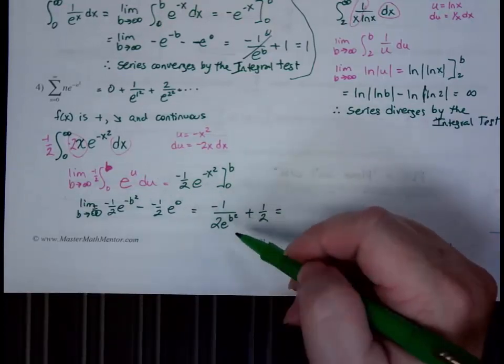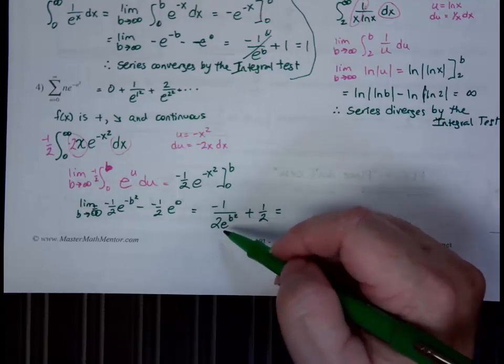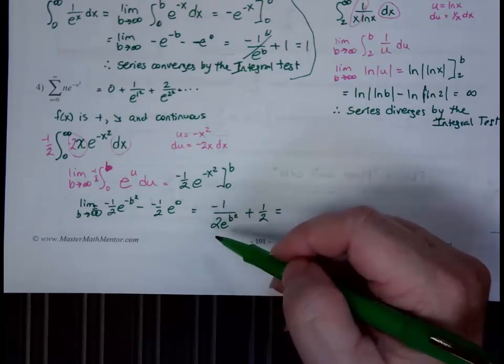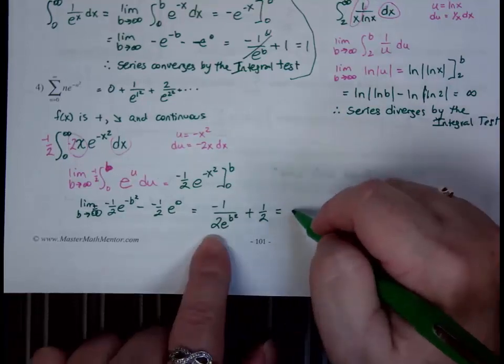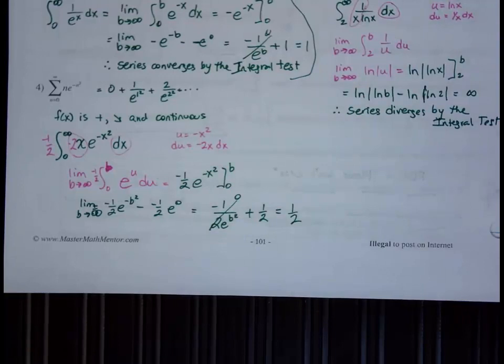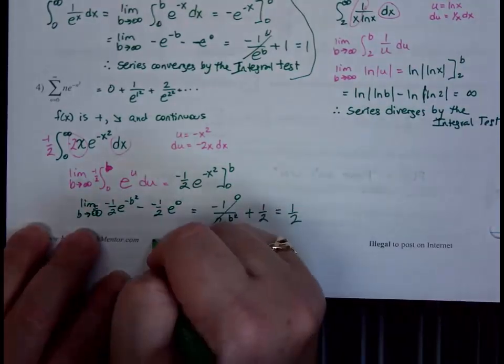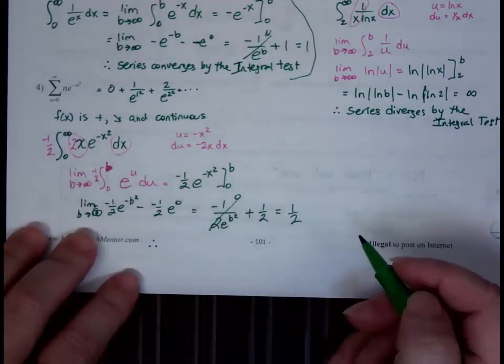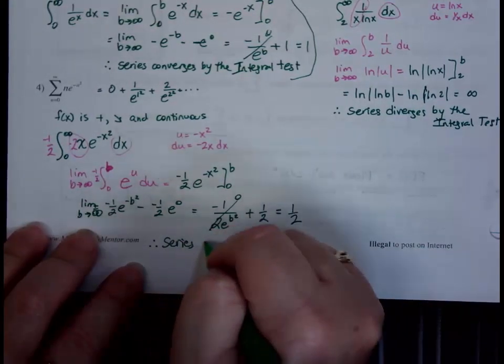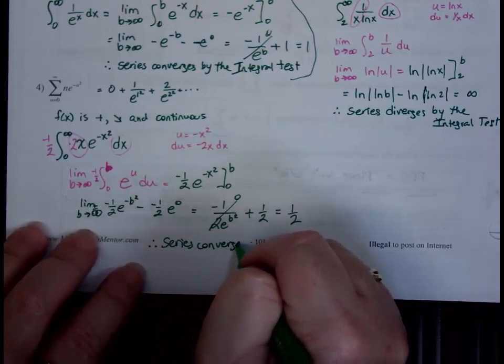So the bottom is getting closer to infinity, which means the whole fraction is getting closer to 0. So this is 1/2 for an answer because this is approaching 0. Therefore, what? Series converges by the integral test.